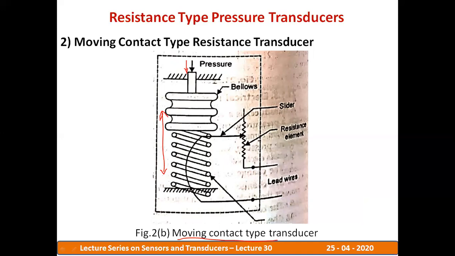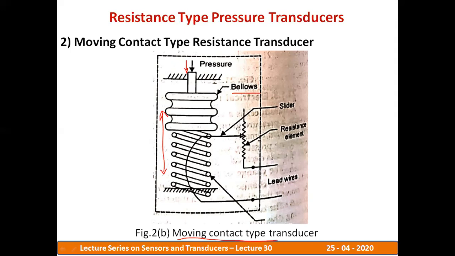Here we have a bellow, which will transfer the change in the pressure to this moving contact.